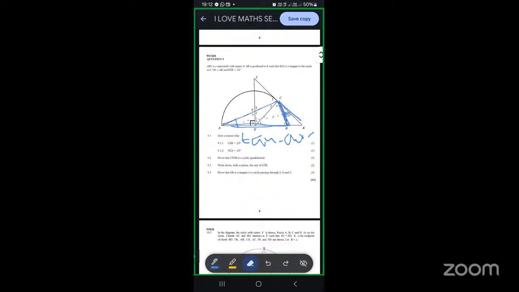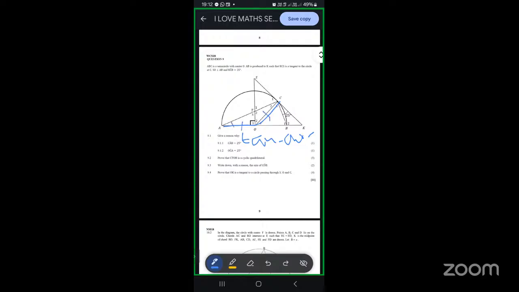Okay, the next question. Give a reason why angle OCA, this is O, that is C, is equal to 25 degrees. Using our DRCPT, when we got to the R part, which is the radius, we said this is a radius and that is a radius. So OA will be equal to OC, reason: radii.